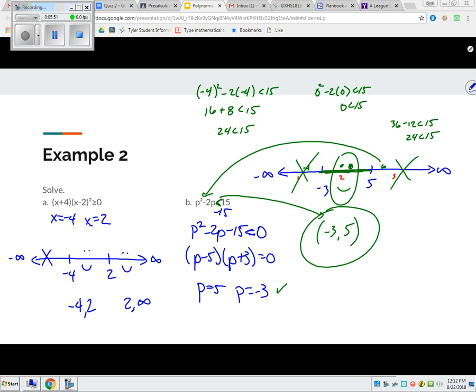Since it's "or equal to" this time, if I plug in -4 or +2 for these x's, it will actually come out to equal 0, which is okay with this problem because I have the greater than or equal to. So to show that it's okay, instead of using parentheses like we did on the last one, I'm going to use brackets.